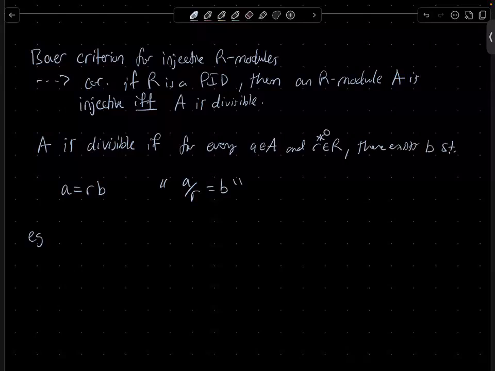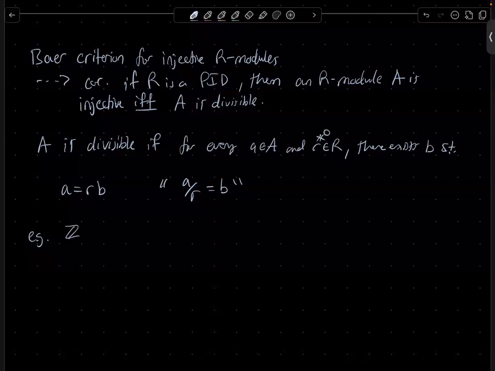So for example, in Z modules, some injective Z modules are the rationals, and then this funny group I'm going to write down: Z adjoin 1 over p, modulo Z. This is just rationals whose denominator is powers of p for a particular prime p, and by modding out by Z, you should imagine wrapping it into a circle.